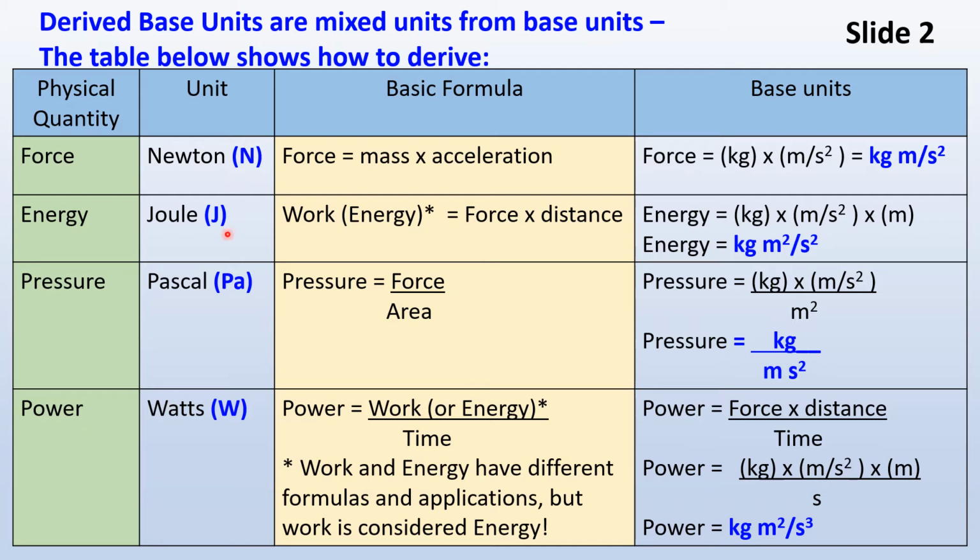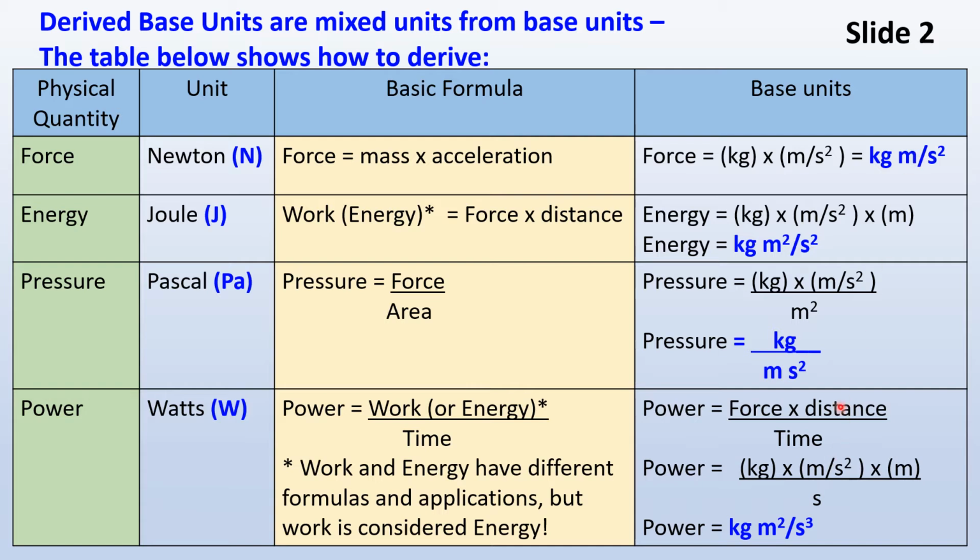Power. The unit for power is watts, and the basic formula for power is work or energy done over a period of time. Work and energy have different formulas and applications in physics, but work is considered energy. So to simplify our analysis here, to derive watts to its base units, let's look here at the base unit for force, which is kilograms times meters per second square.